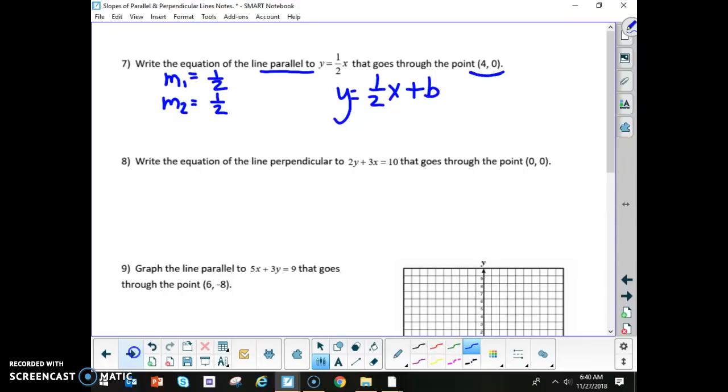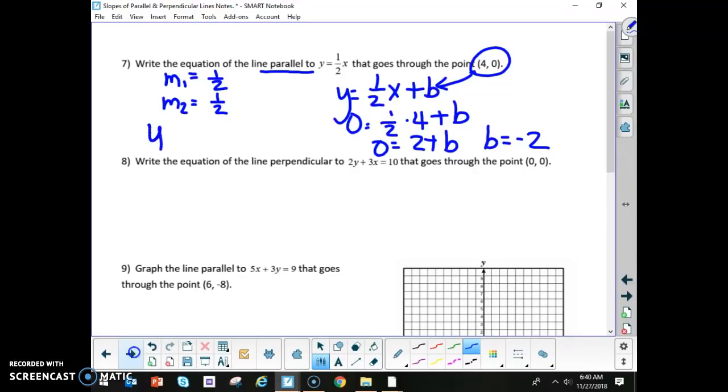I'm going to take these points and plug them in. 0 is equal to 1/2 times 4 plus b. 0 is equal to 2 plus b, so b must be equal to -2. And my new equation is y equals 1/2 x minus 2. Not so bad.